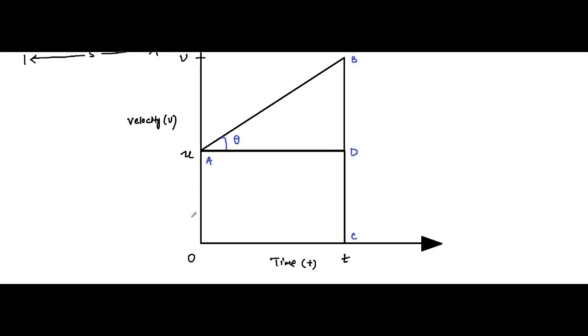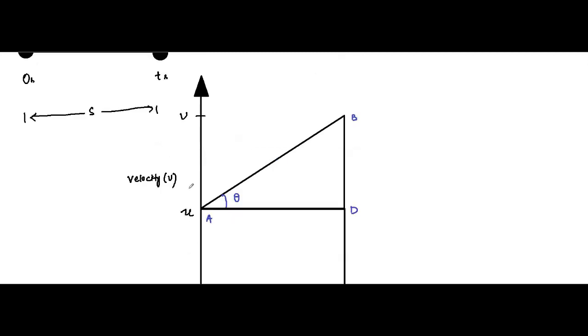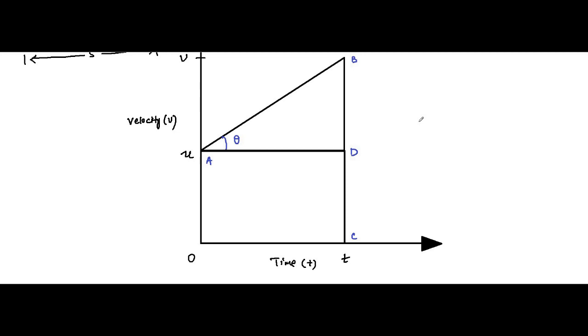So now we have to derive the equations. From this velocity time graph, the slope of the velocity time graph gives us the acceleration. We have already discussed it. Acceleration is equal to slope of velocity time graph.